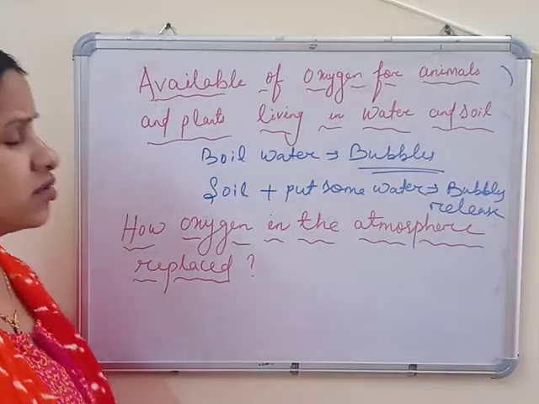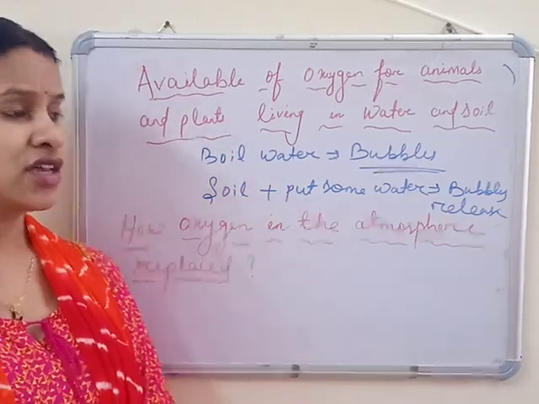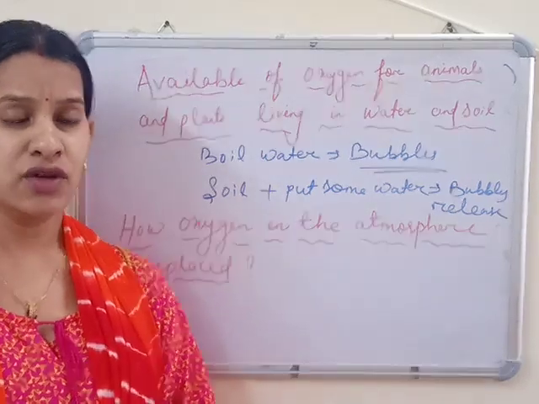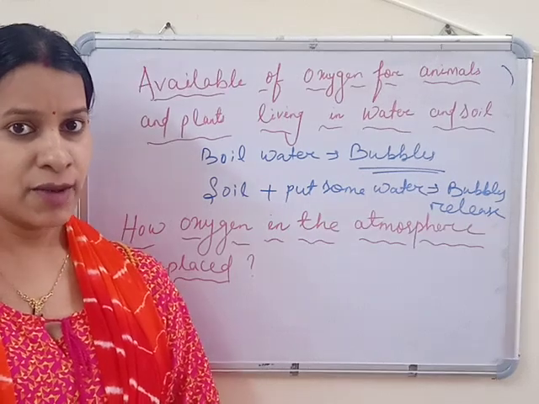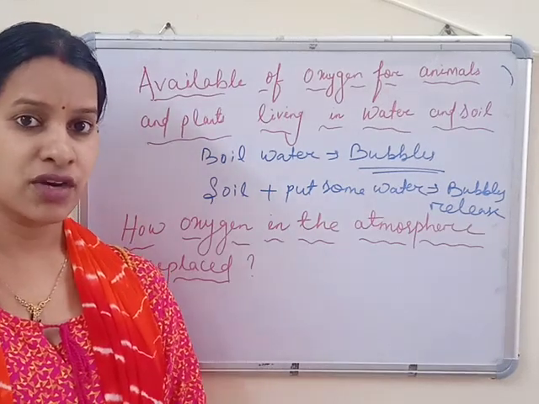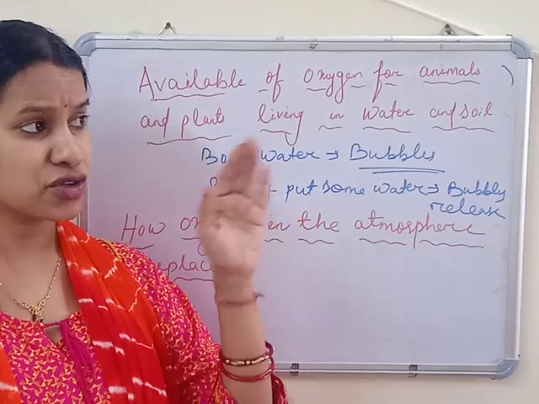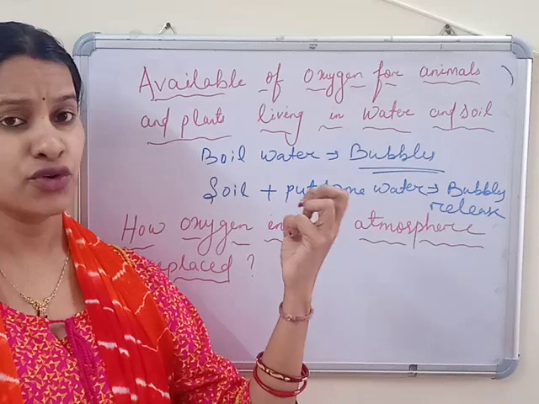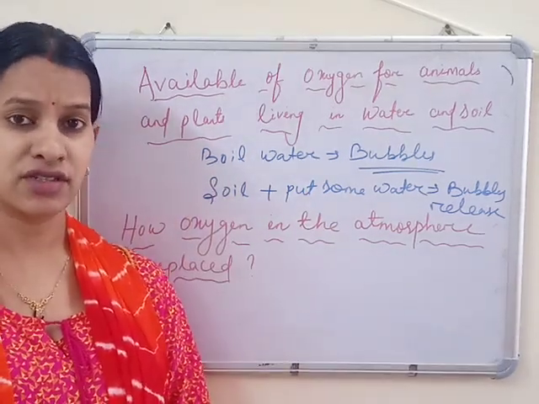Now there are lots of populations, millions and billions of types of organisms, and all require oxygen for their process of respiration. But if all that oxygen is used up, how will this oxygen be refilled, how will it stay constant? Whenever you experiment or test, you always find the percentage of oxygen is 21%.